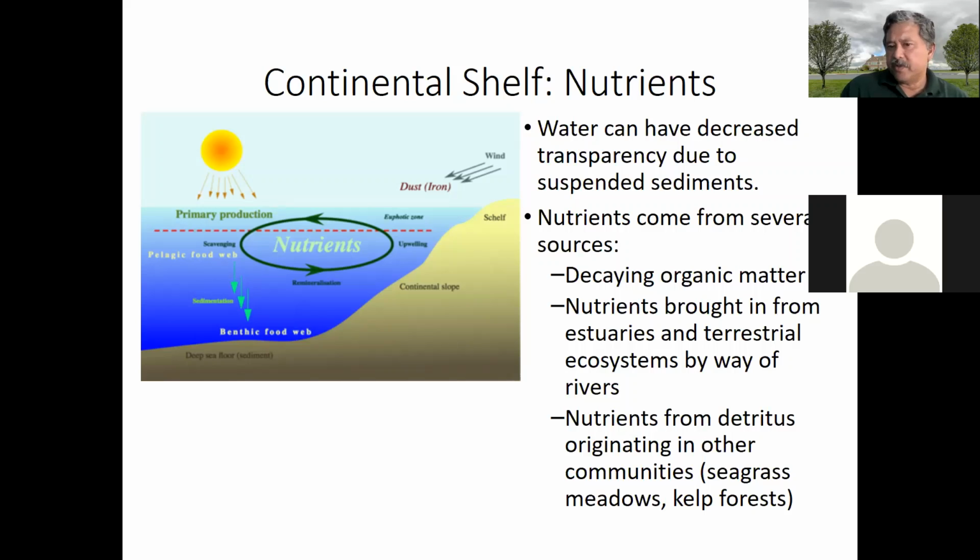And then it says nutrients from detritus originating in other communities. These are continental shelf areas right next to the continents.